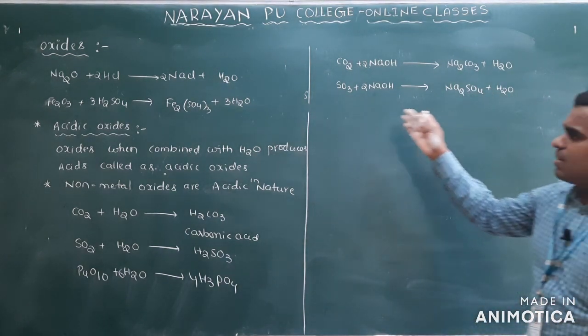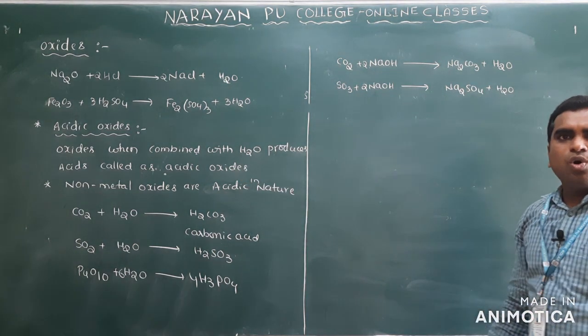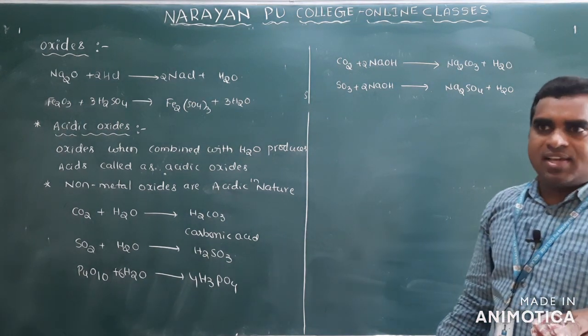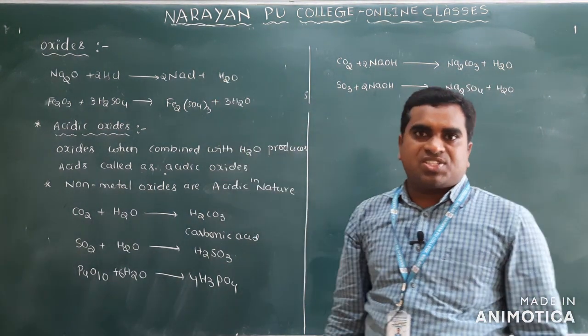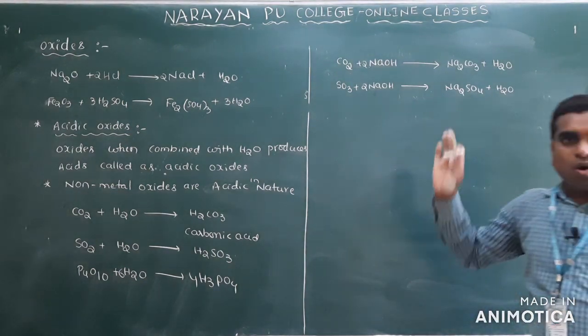Clear? So this is about acidic oxides. And besides non-metal oxides, some metal oxides are there which are in higher oxidation states. Those can also act as acidic oxides. Clear?